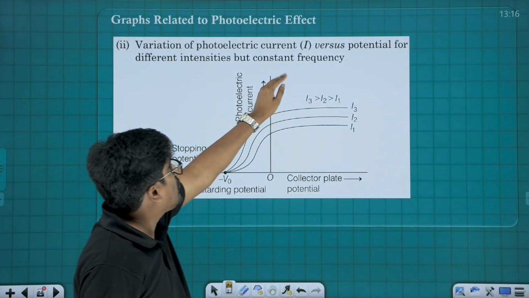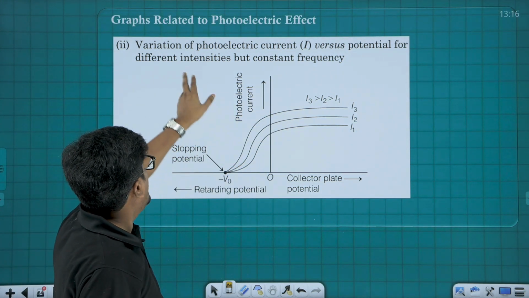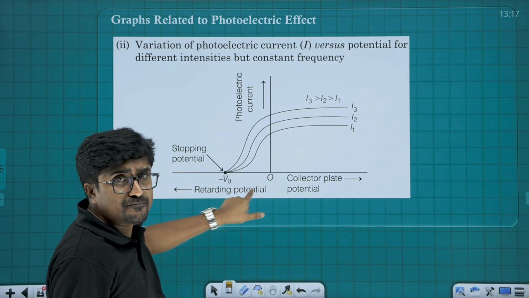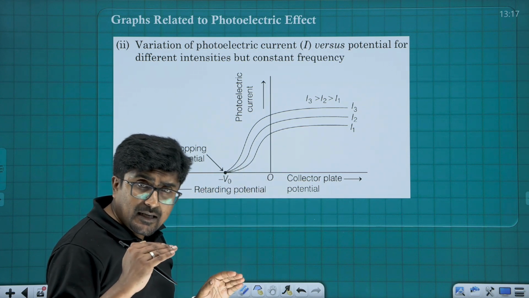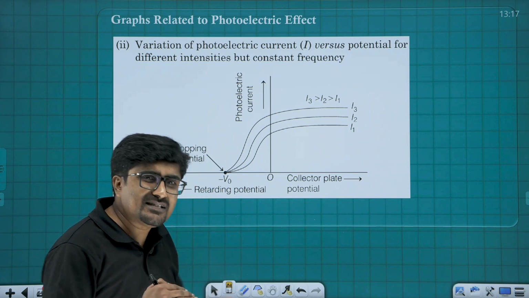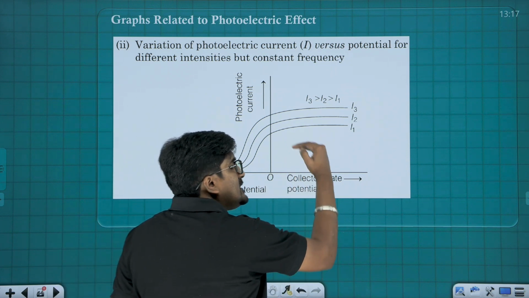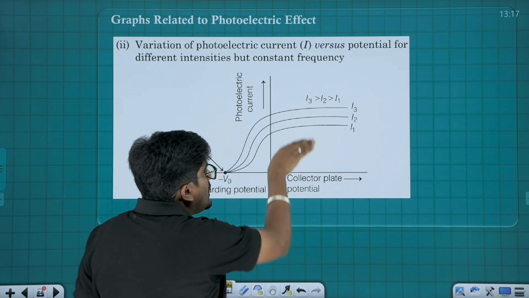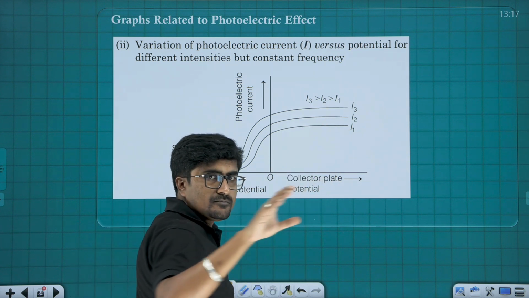Next is the variation of photoelectric current I versus potential difference at constant frequency. That means frequency is kept the same and intensity is increasing. If the intensity keeps on increasing, then the Imax value will keep on increasing, isn't it?